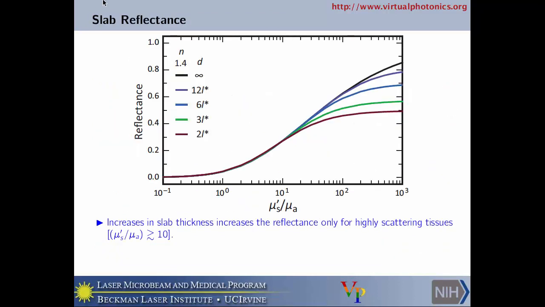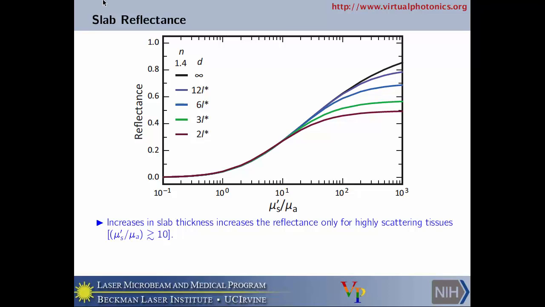And then here I have some useful plots looking at reflectance as a function of optical properties. So if you're looking at slabs of various thickness, you can tell that reflectance gives you sensitivity to the thickness of your sample only for highly scattering tissues. And so once, say, the ratio of scattering to absorption drops below about 10, you have very, very little sensitivity to your slab thickness. And this is important because typically, even though you may know your physical slab thickness, you may not know your scattering coefficient.